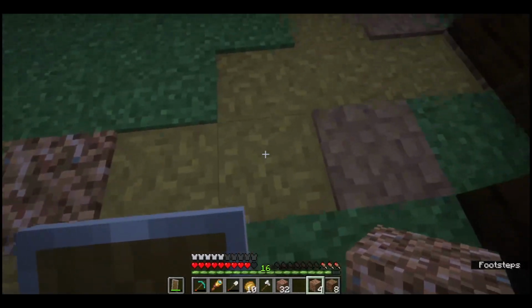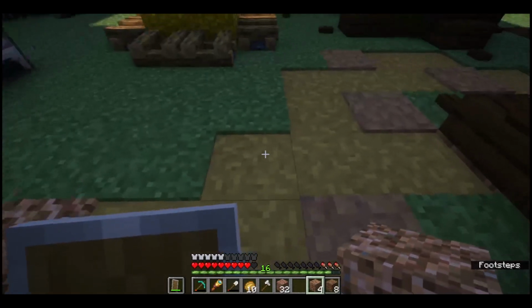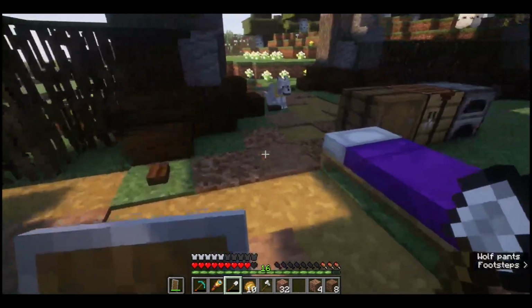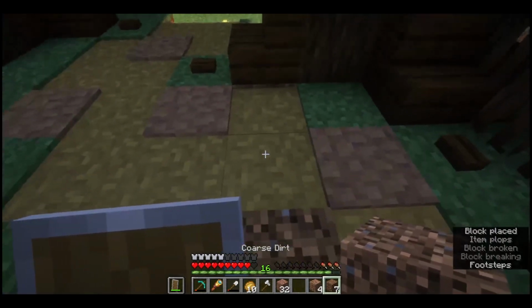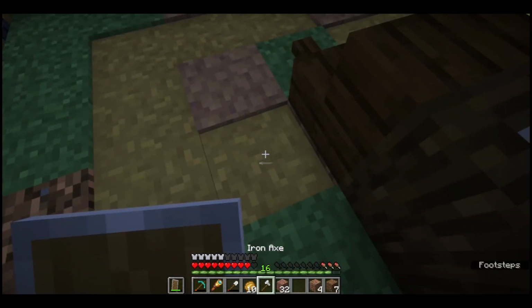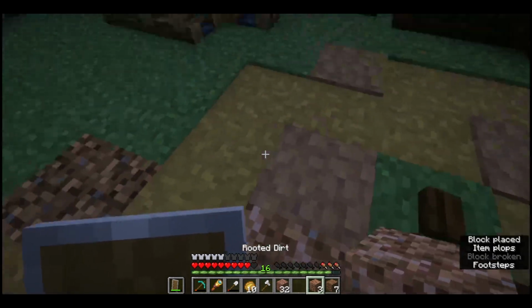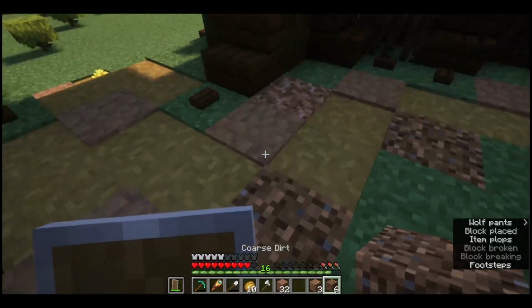And then this could be rooted dirt, or we could make it coarse dirt. And again, because we don't have that much coarse dirt, I'm going to do that. I'm going to try to prioritize, especially just because I have more of it block-wise. So we're going to put the rooted dirt there, and then the coarse dirt here.